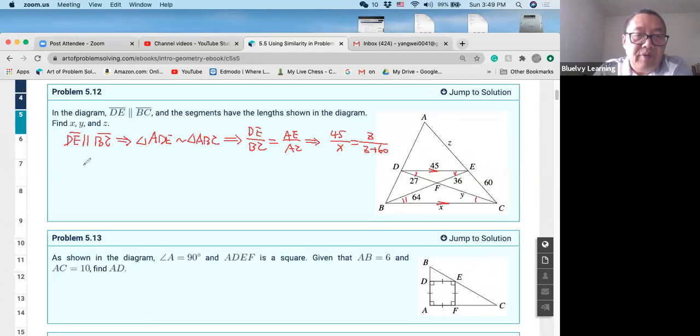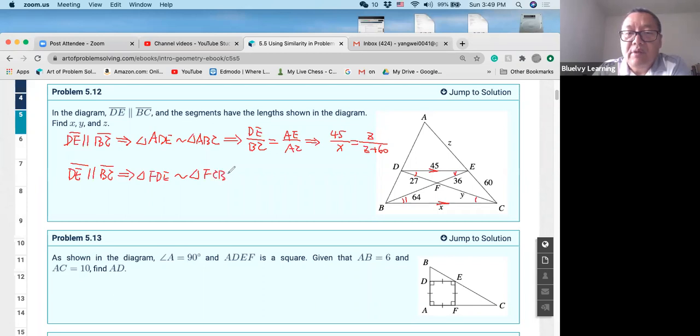Then from this one, DE parallel with BC, we also can get triangle FDE similar with triangle FCB.